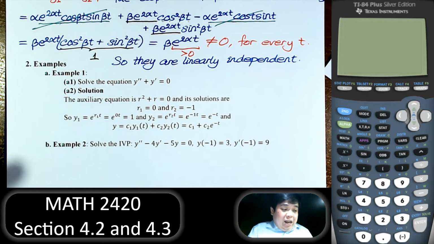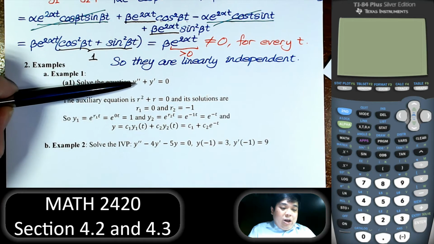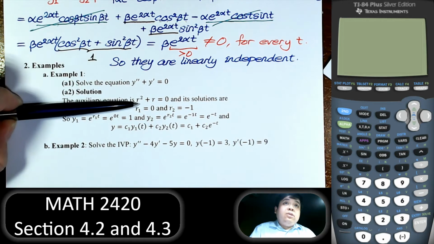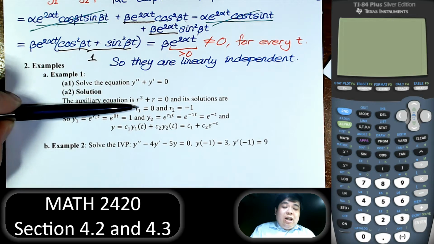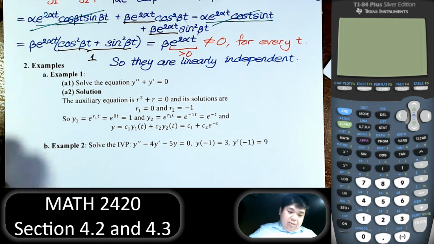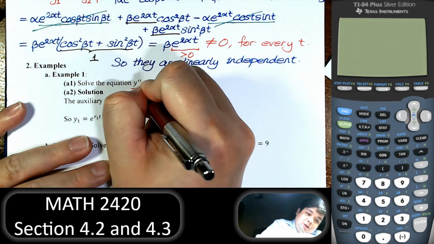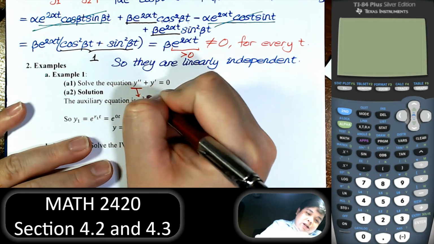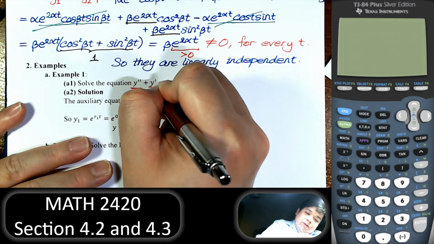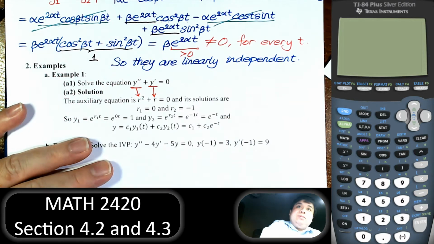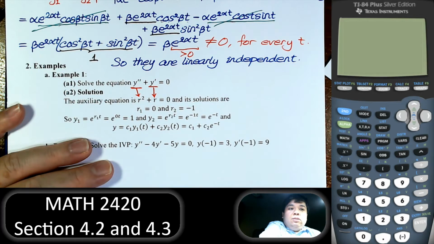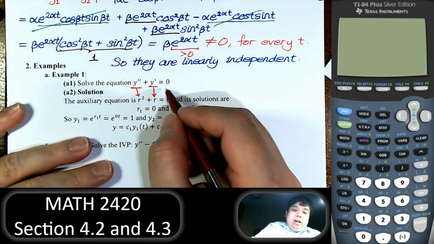But if this is the case, then the equation will turn into the homogeneous, the auxiliary equation. Once again, the second derivative goes to r squared, the first derivative goes to r. If we have y, it's going to 1.